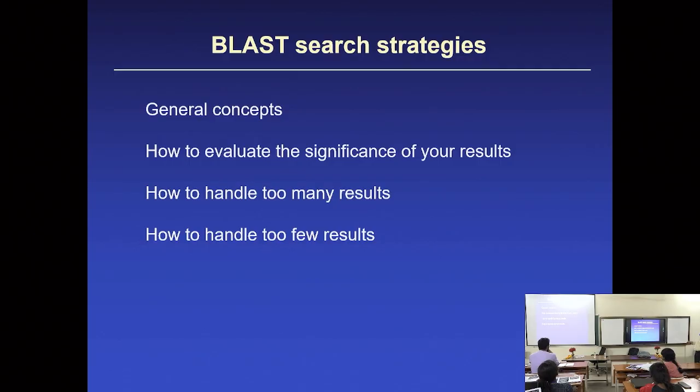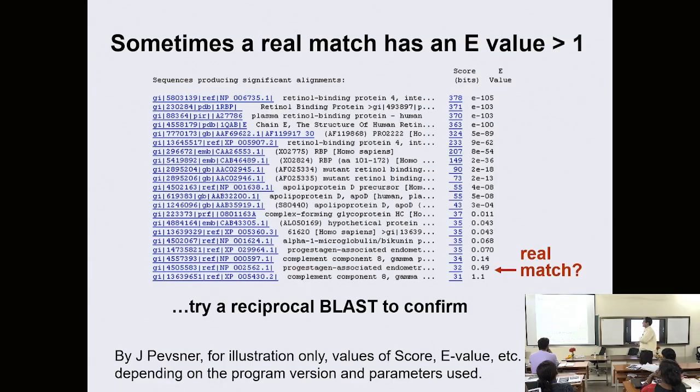BLAST search strategies. You would want to evaluate the significance of your results, how to handle too many results, how to handle too few results. These are some challenges that you face when you do BLAST analysis. For example, you begin with retinol binding protein as the query sequence, and then you got these hits.